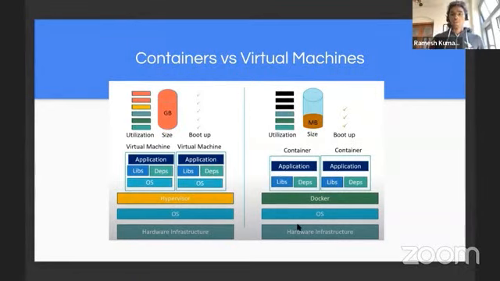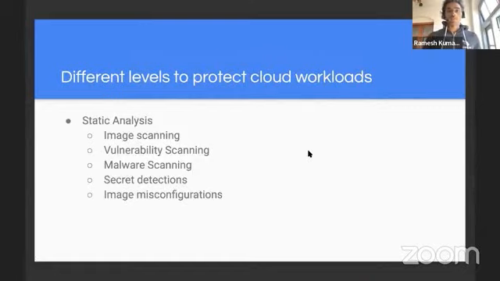And since the OS is not part of the container, the size requirement is very small. VM sizes are in GBs, whereas container sizes are usually in MBs. Again, CPU utilization is very low, RAM utilization is very low, and hence containers are very scalable compared to virtual machines. And that's why we use containers in our cloud environment.